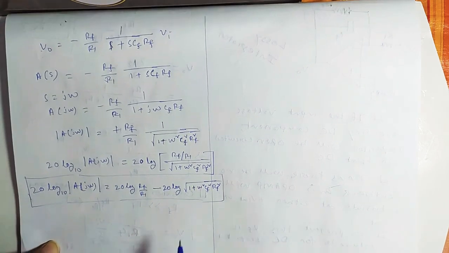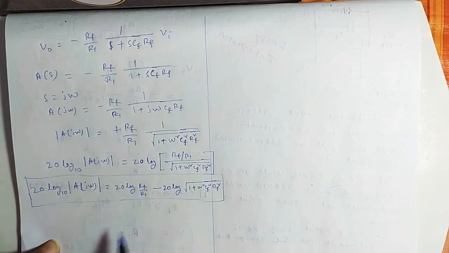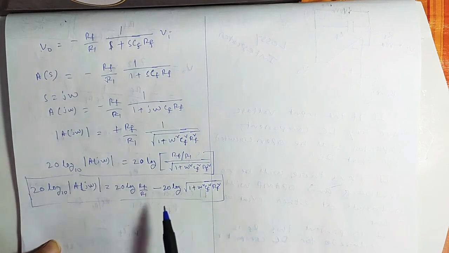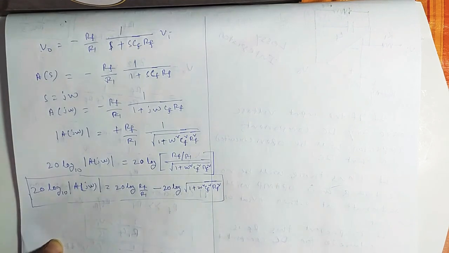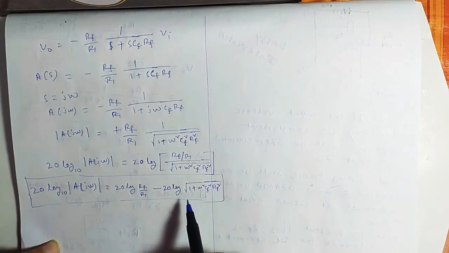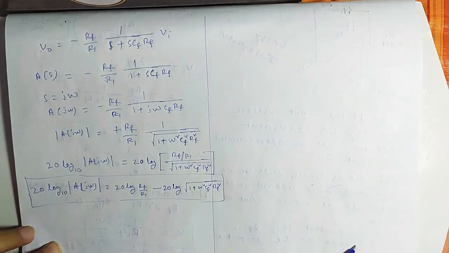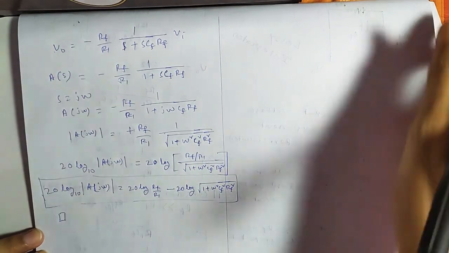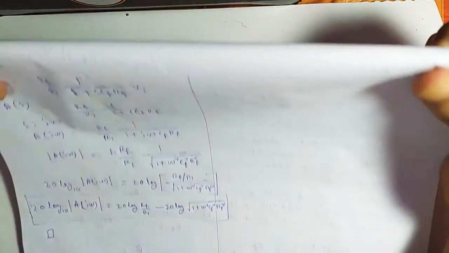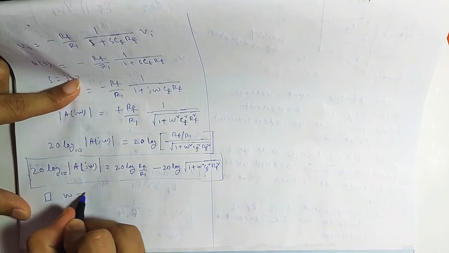Now it will be difficult to plot directly with respect to omega. So we will consider a few cases of omega and plot accordingly. We will take three cases. First we will consider that omega is very low, that is omega tends to 0.